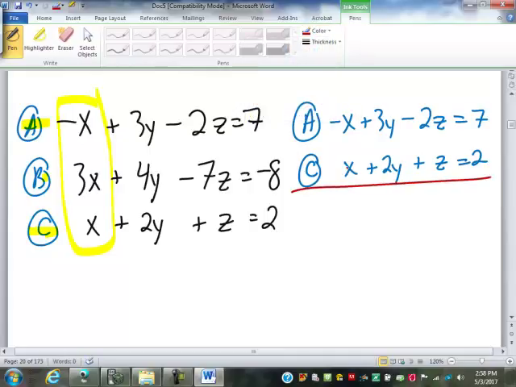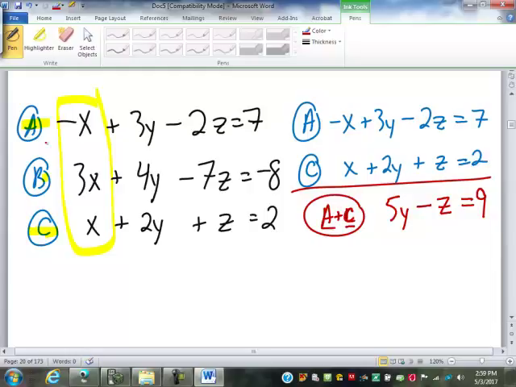Negative x plus x cancels out. 3y plus 2y is 5y. Negative 2z plus z is negative z. And 7 plus 2 is 9. So there I have one equation where I've eliminated the x variable. I used equations A and C.